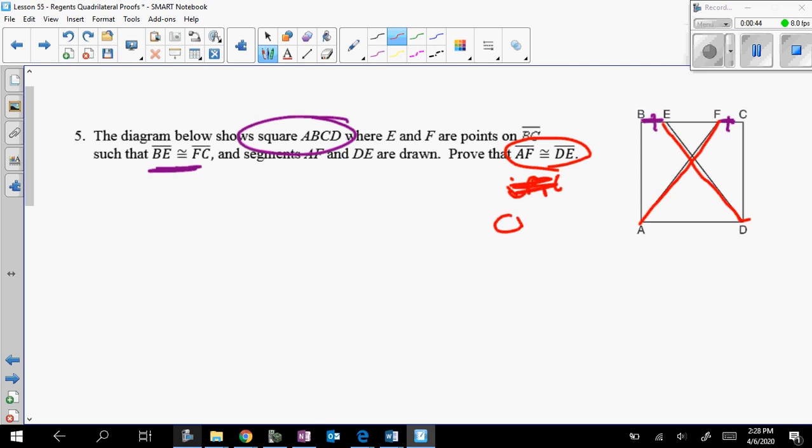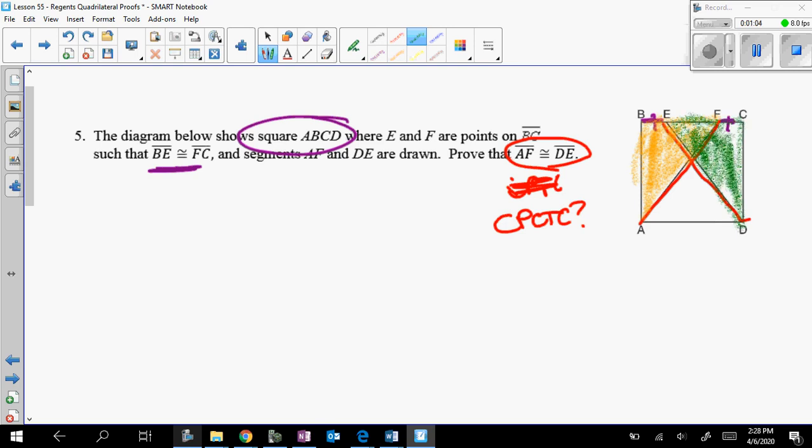The answer is yes, because we do have to get this triangle here, because AF belongs to it, congruent to this triangle here that DE belongs to.